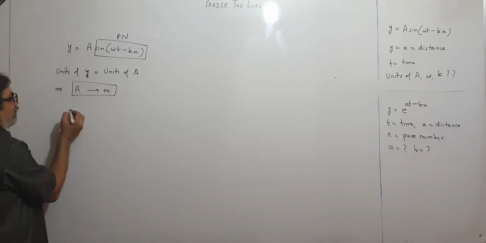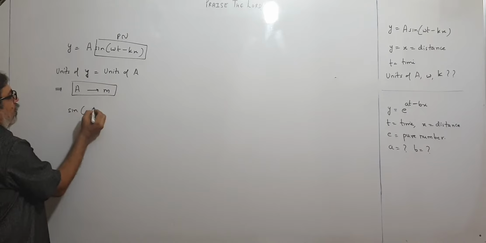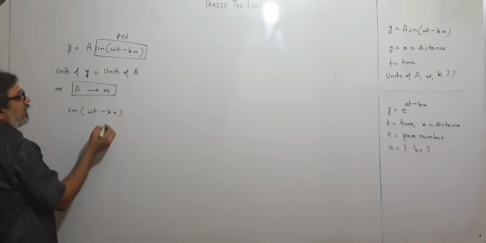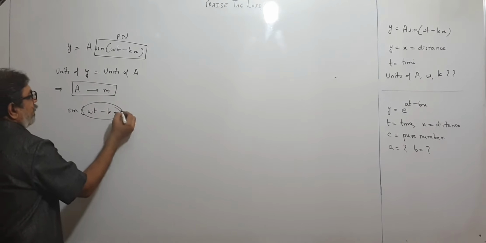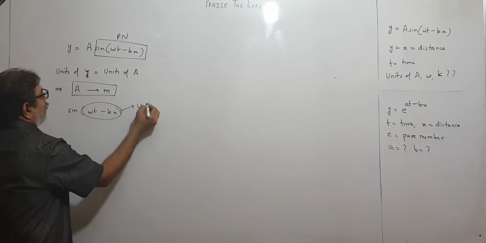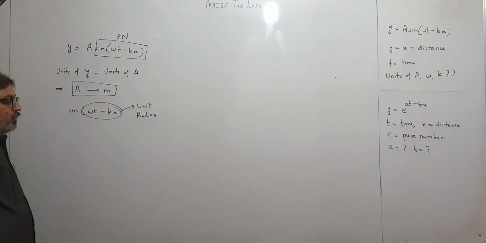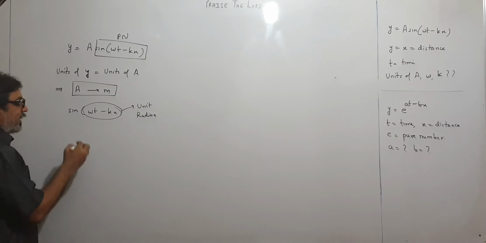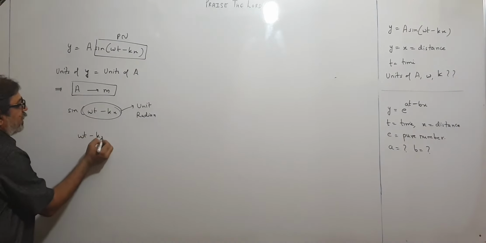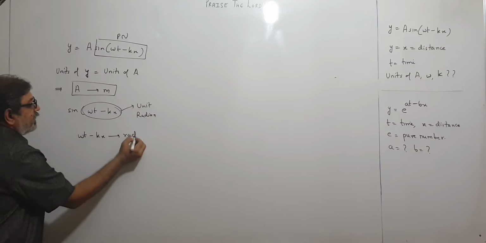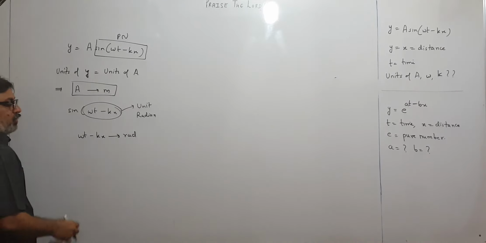Then if you look at an expression sine omega t minus kx, it's told to you that angle will have unit radian. So this has got unit radian. So what I write is omega t minus kx is radian. So radian minus radian will give us radian.